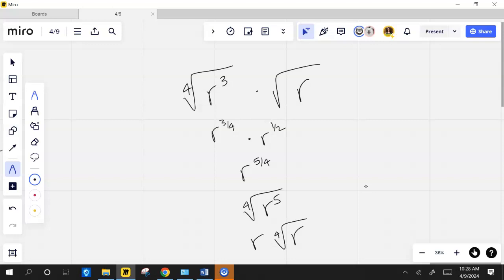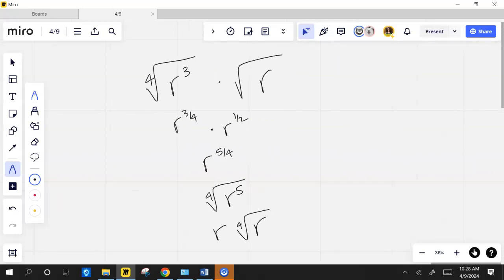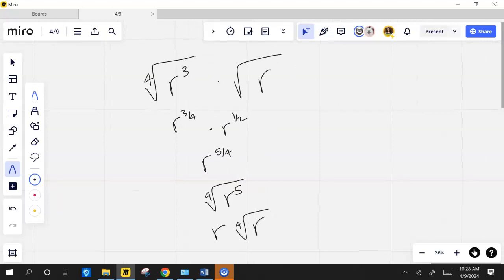Okay. Yes, and then simplify. So put it back in the radical, and then how many times does it go in and what is left?